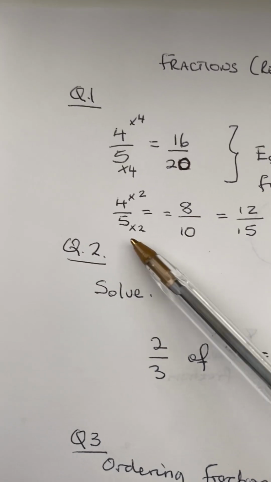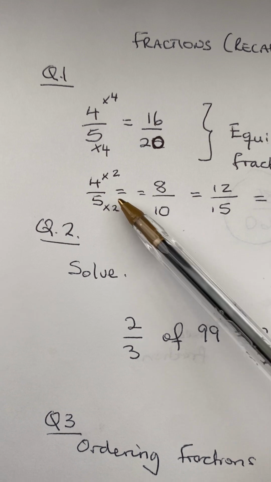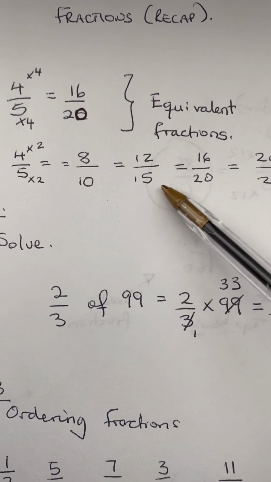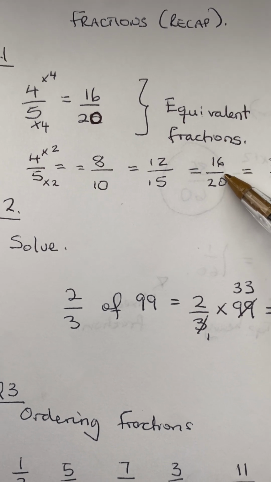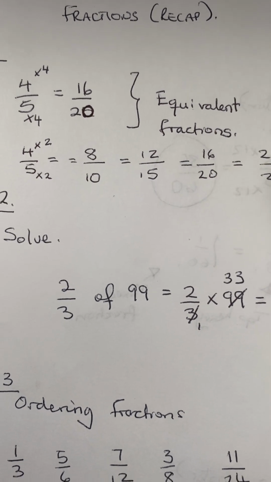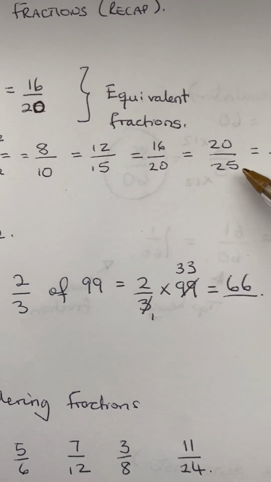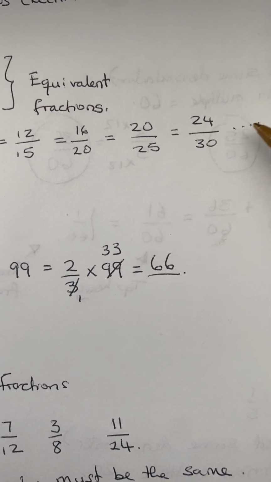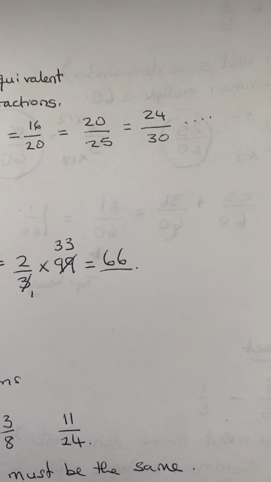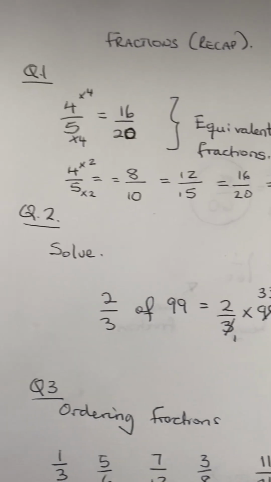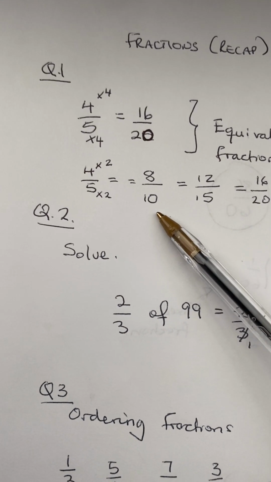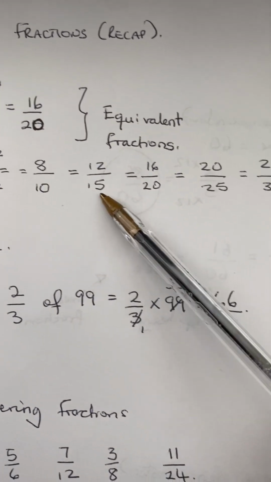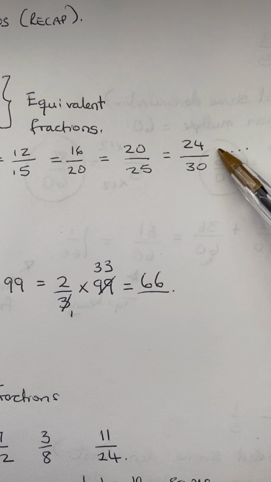So all these fractions, 4/5, 8/10, 12/15, 16/20, 20/25, 24/30, we can continue multiplying, but just to show you what I mean, the simplest form is 4/5, but all these are equivalent fractions.